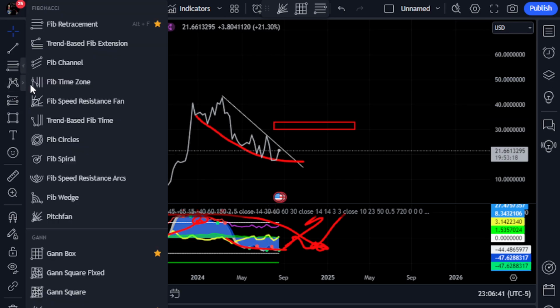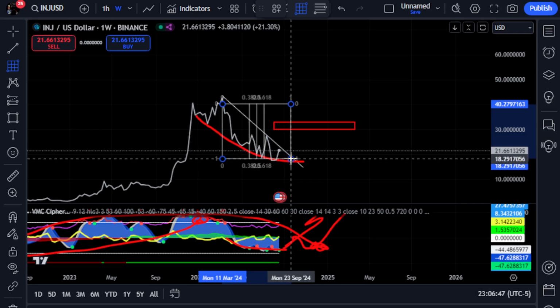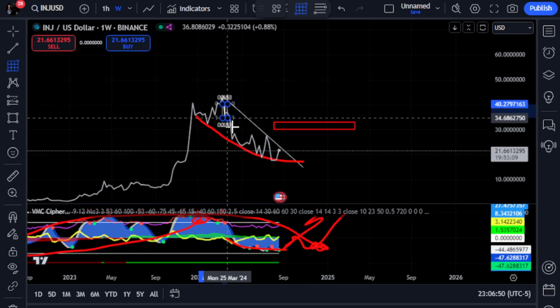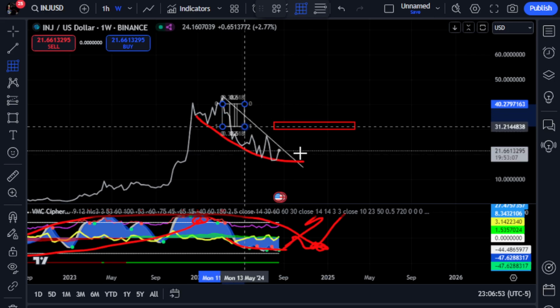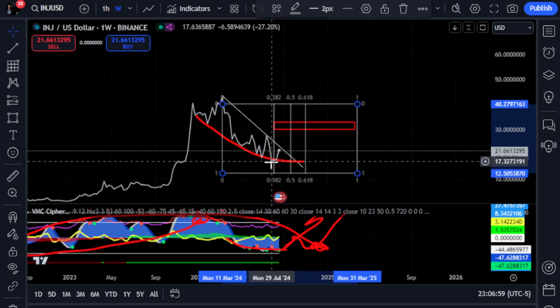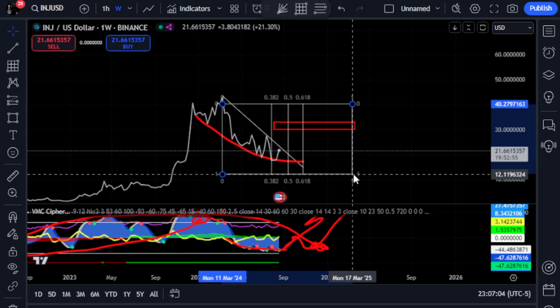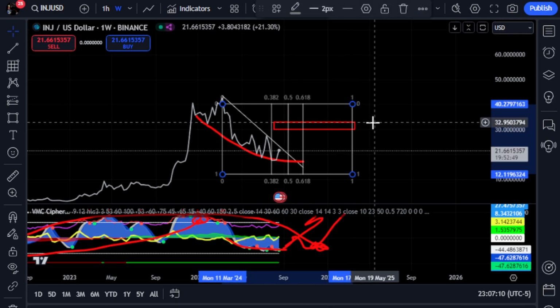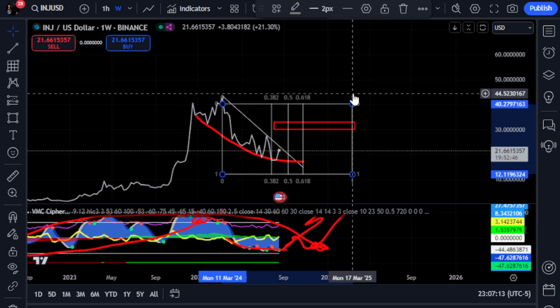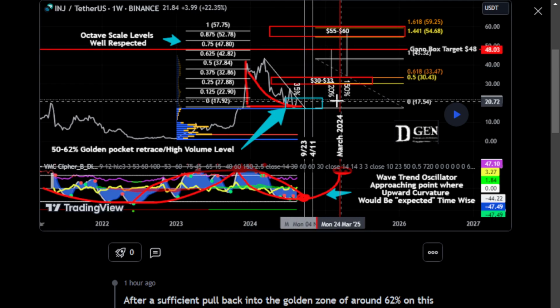Let's grab our Gann box on the side here, and let's start just time-wise, considering time. Let's come to right in this little area. This is not some exact science, which puts us out around March of 2024, and then we've got the end of September.